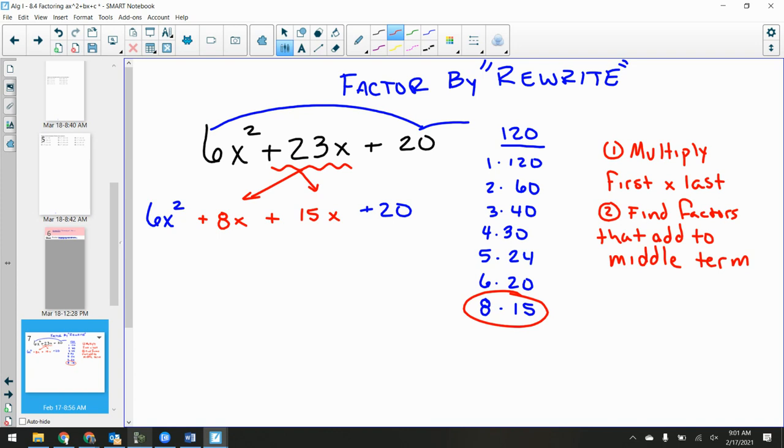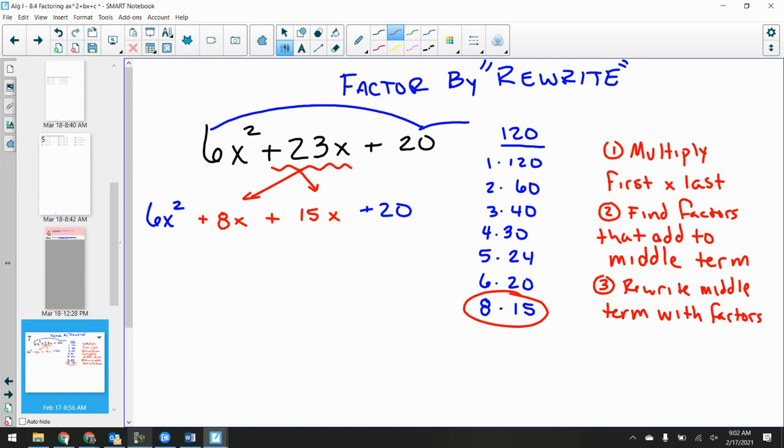So my next step is rewrite the middle term with the factors. Now, what we've done before comes right into play.